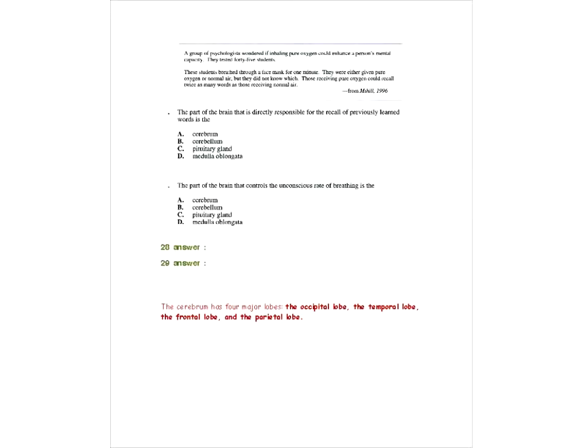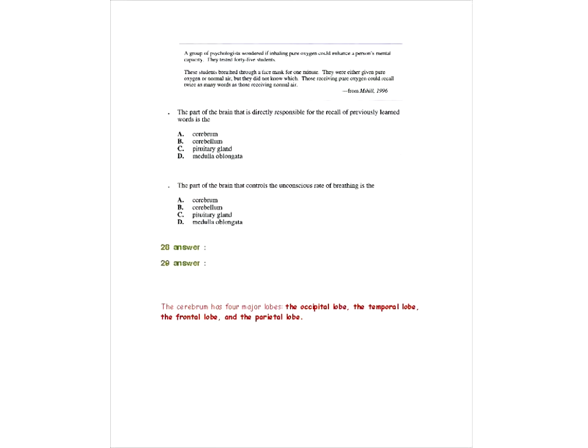We've got a few questions here, and I'm going to give you just a few moments to think about them on your own after I ask you them. First of all, the part of the brain that is directly responsible for the recall of previously learned words.